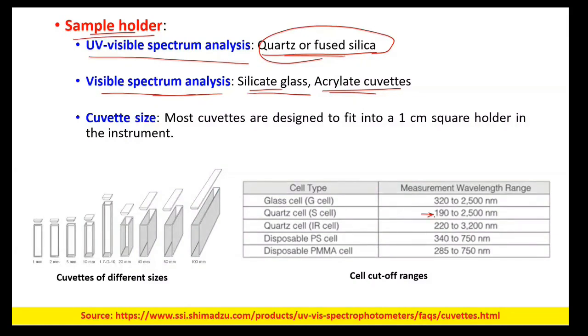On the contrary, the glass cells are only active in the visible region and the IR region.